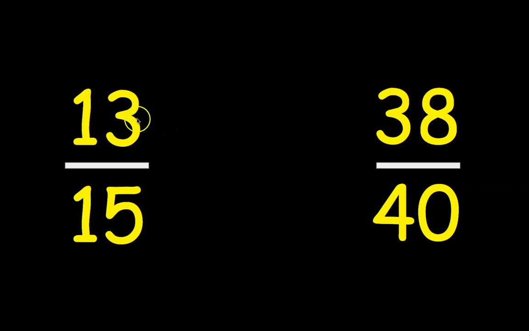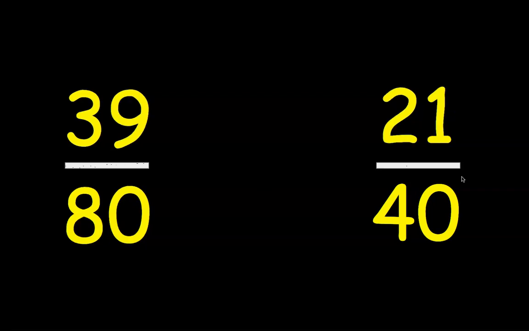What do I have to add here to get to 1 whole? 2 15ths. What do I have to add here to get to 1 whole? 2 40ths. So I have to add 2 15ths here, 2 40ths here. Which is bigger, 15th or 40th? 15th is way bigger. So I would have to add more here to get to 1. I'd have to add less here to get to 1, so that is bigger.